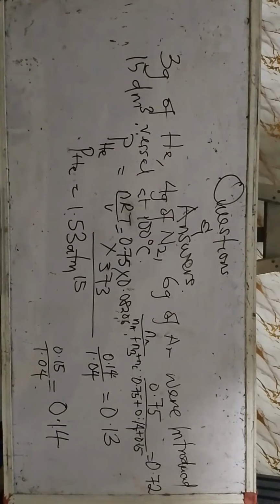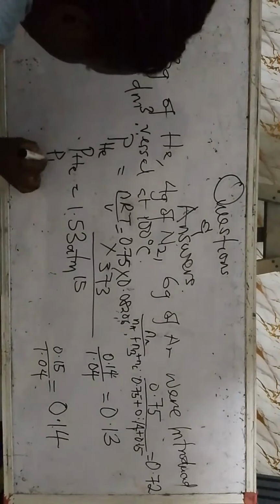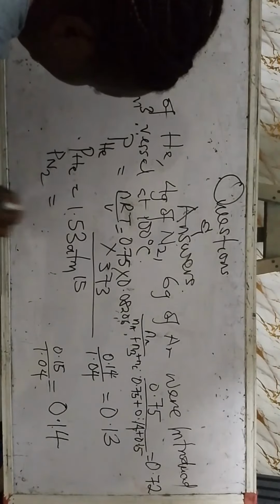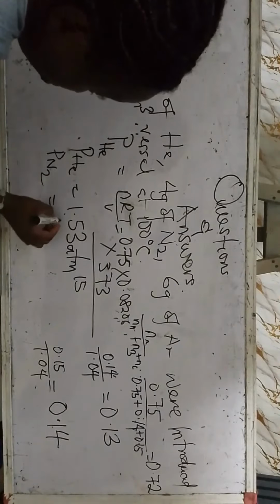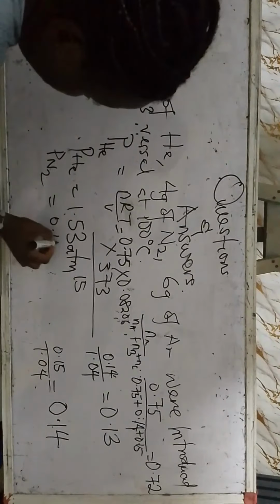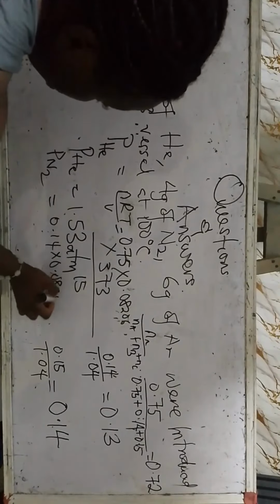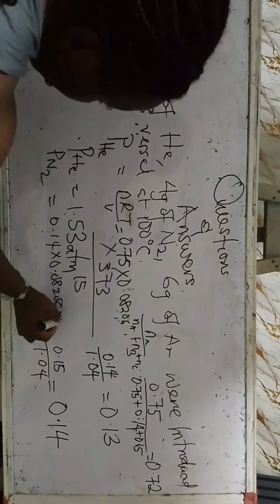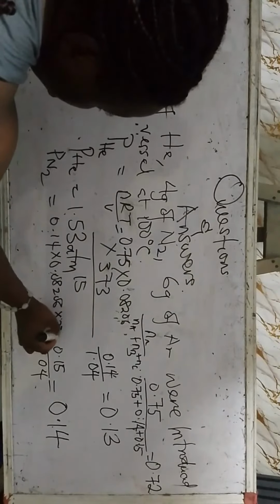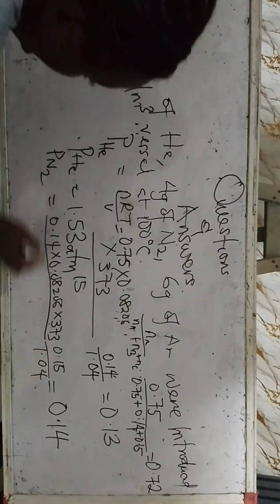So can someone now tell us the partial pressure of nitrogen gas using the same formula? The mole we had was 0.14 times 0.08206 times 373 all over 15.